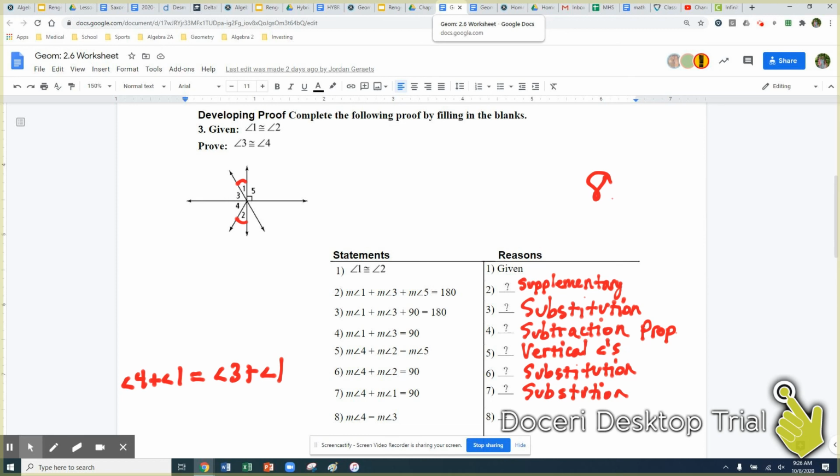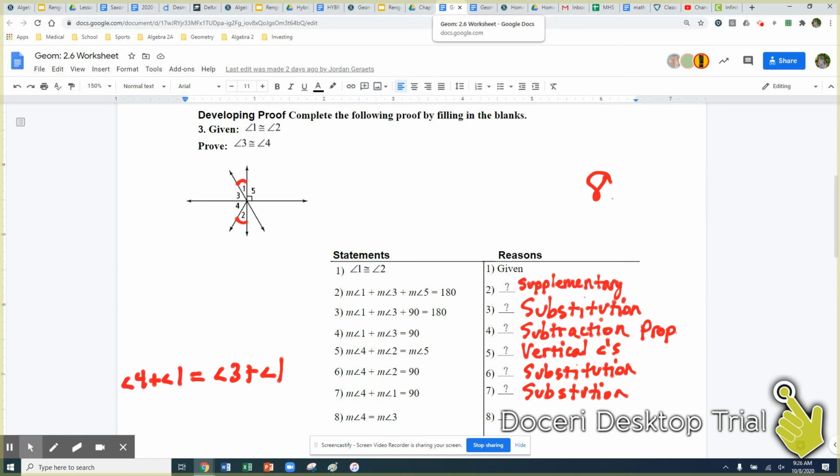Well, I am using this up here, that 1 and 2 are equal, so it wouldn't quite be transitive. All I'm doing is substituting: if angle 2 is equal to angle 1, I could put angle 1 in for angle 2 right there in that step. So we're going to say it's a substitution.